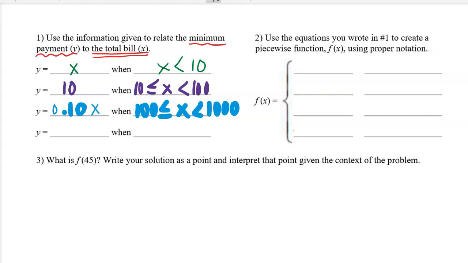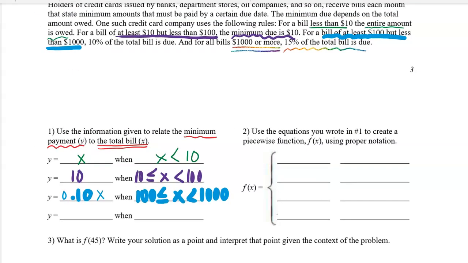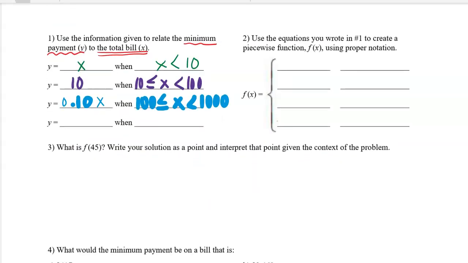It would be 1,000 is less than or equal to X. Not less than. Remember, it says when a bill is $1,000 or more. So it can't be less than. Oh, greater than. You are right. Okay, a greater than or equals to, right? Or more.